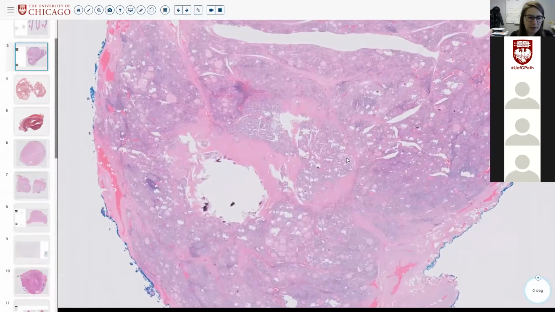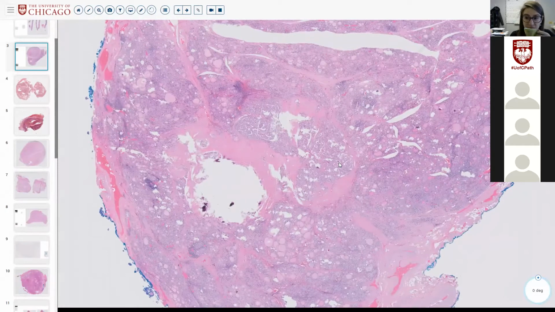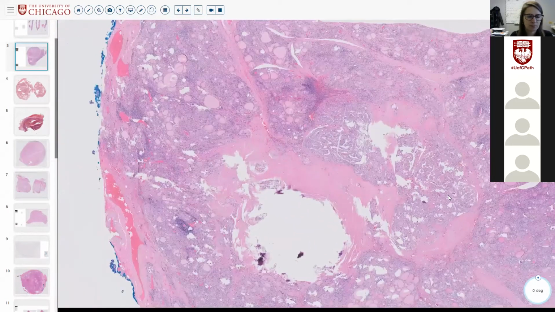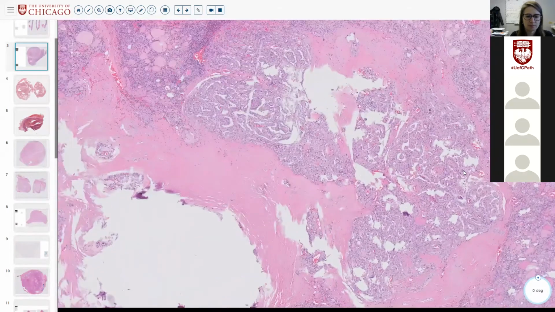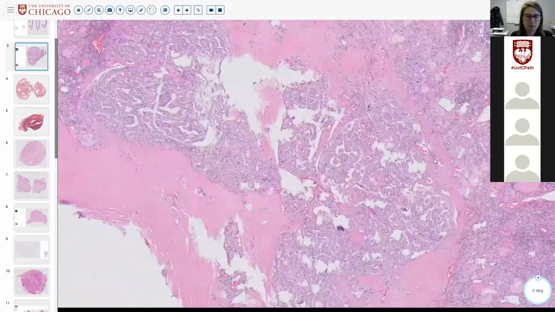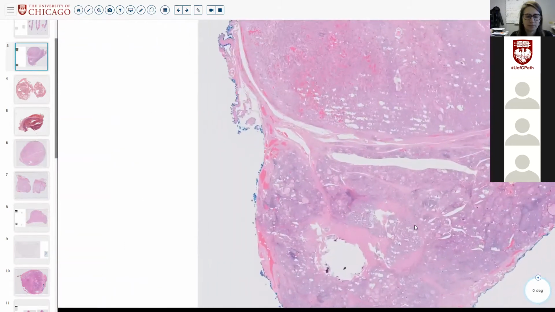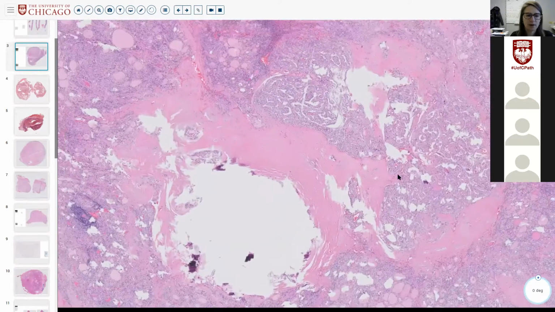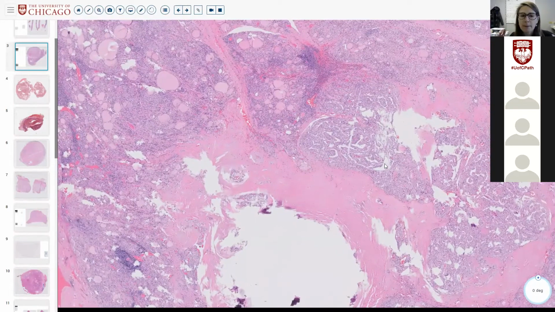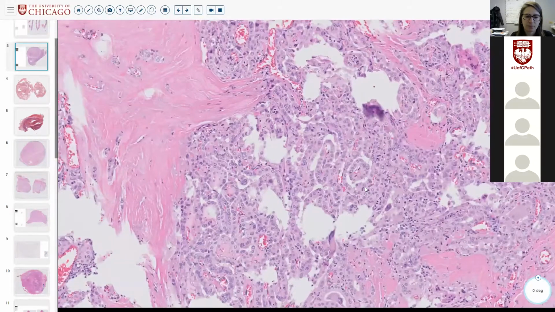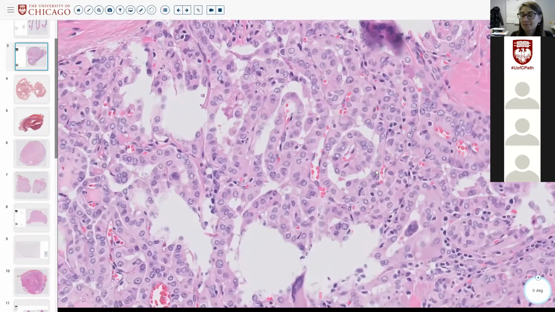But what else is going on in the background? And this is nice for comparison. Invasion. I believe here we have invasion, right? Is it invasion or just a little discrete focus of papillary?